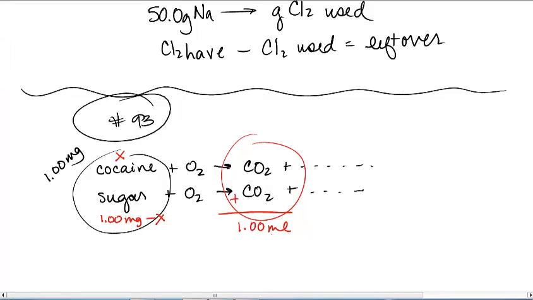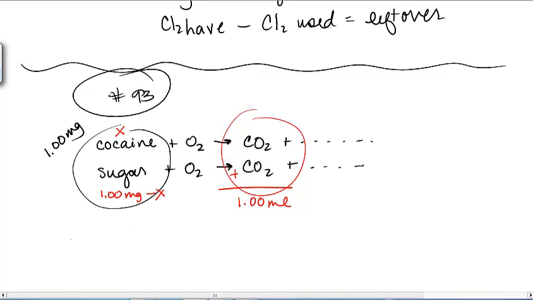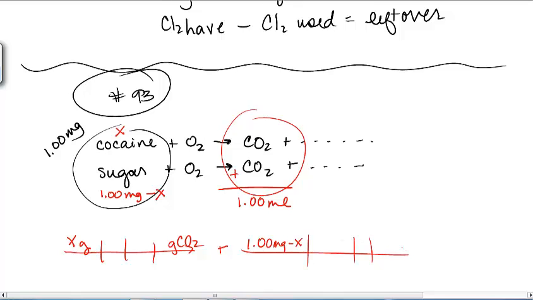As you go through this problem, you perhaps want to take the amount of cocaine and eventually figure out how many grams of carbon dioxide there are from the cocaine, and take the sugar and eventually figure out how many grams of carbon dioxide come from the sugar, so that you can get the total produced.